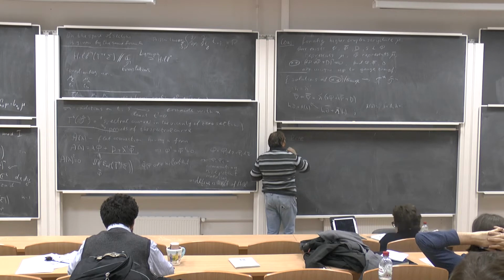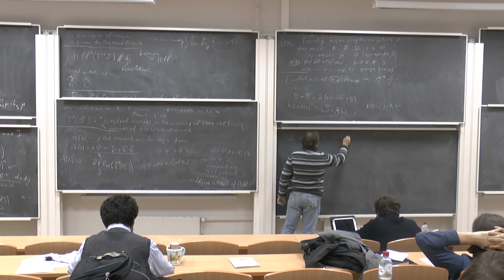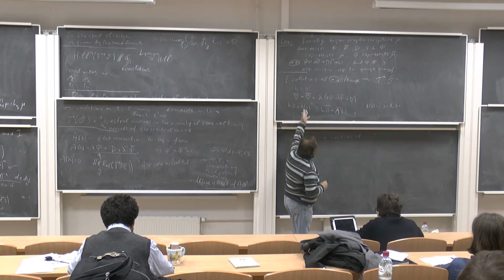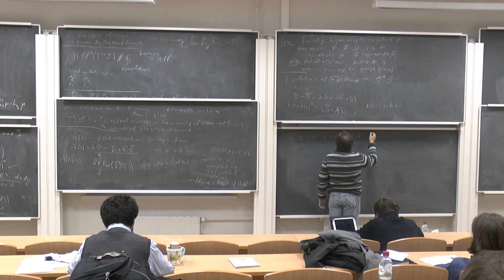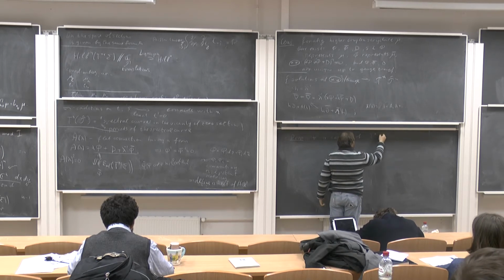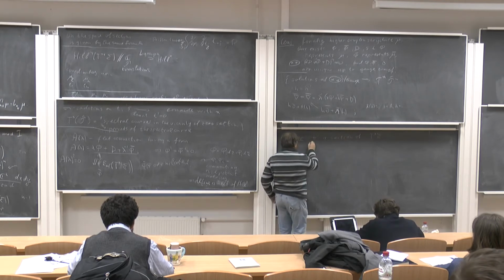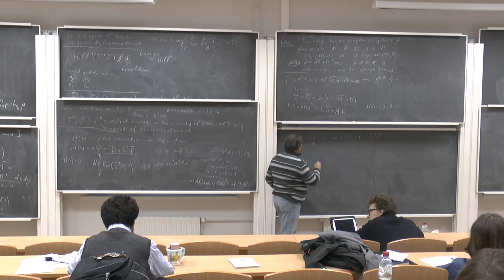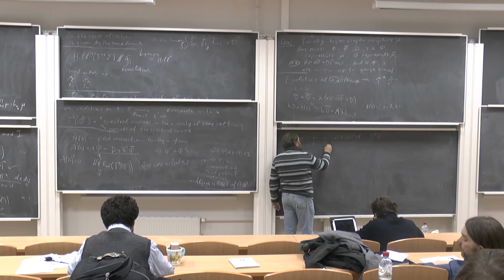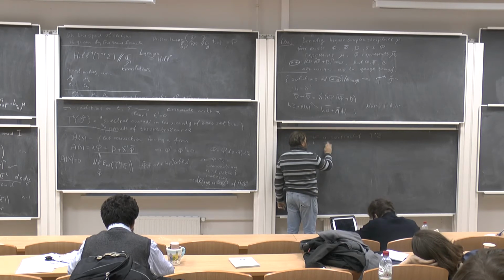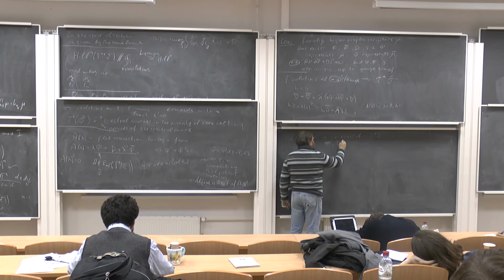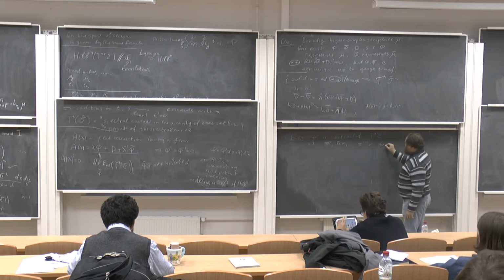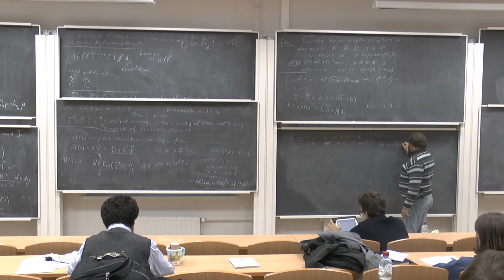So, an easy proposition. There exists a section of our bundle, isomorphic to T star C of sigma, such that the section V, nabla V, and so on up to nabla to the n minus 1 of V, form a basis locally of sections.